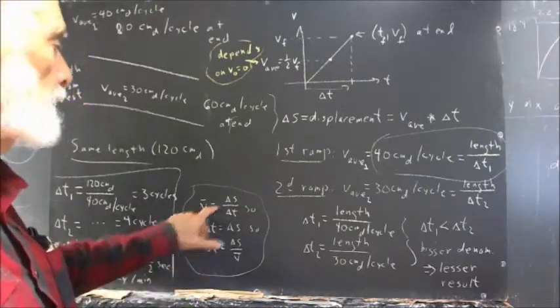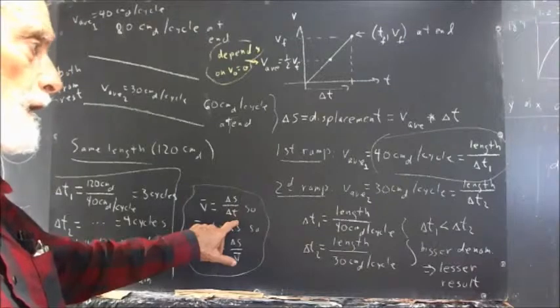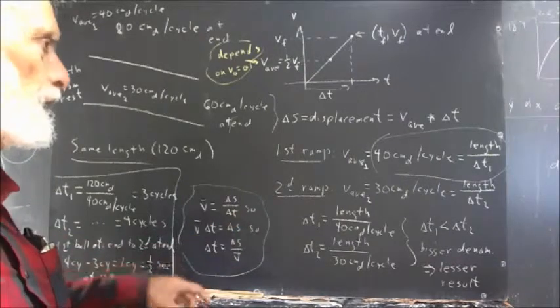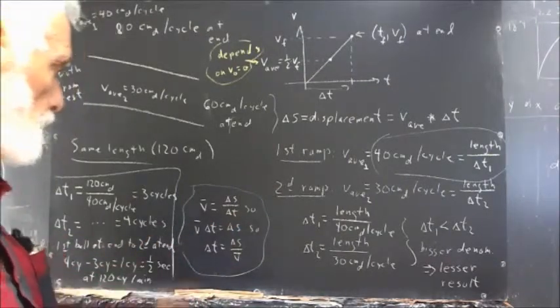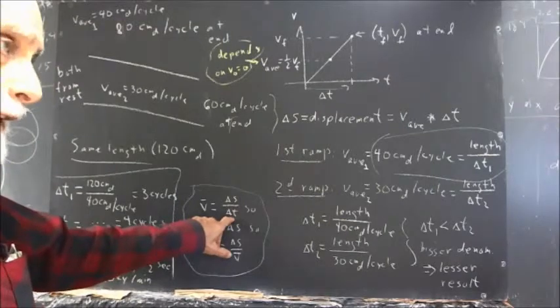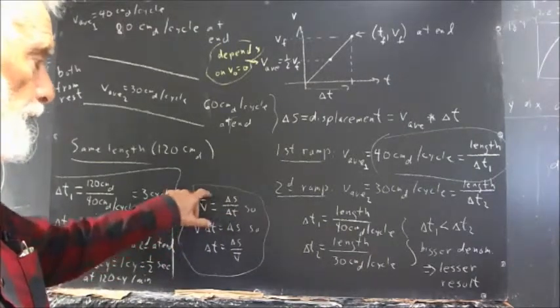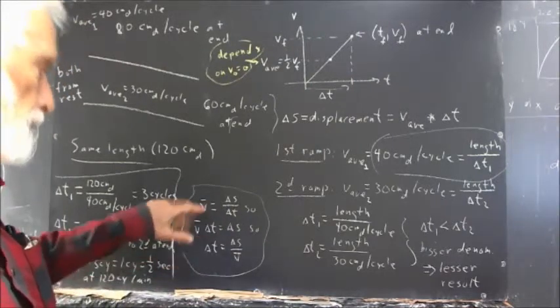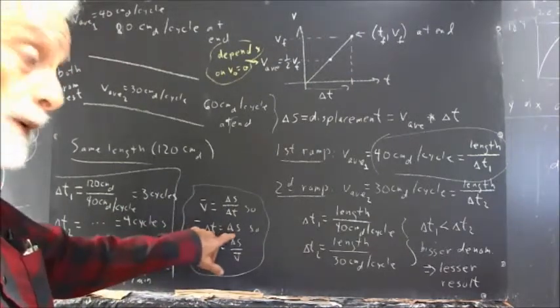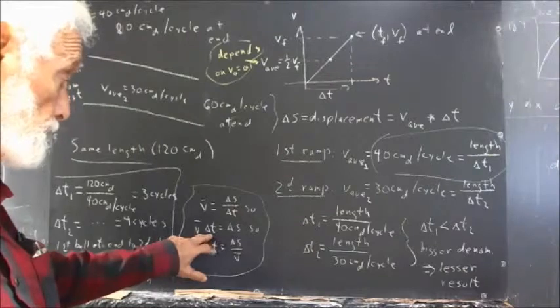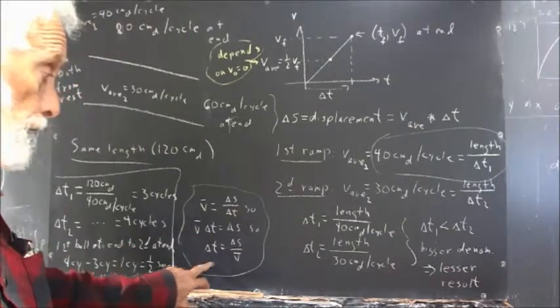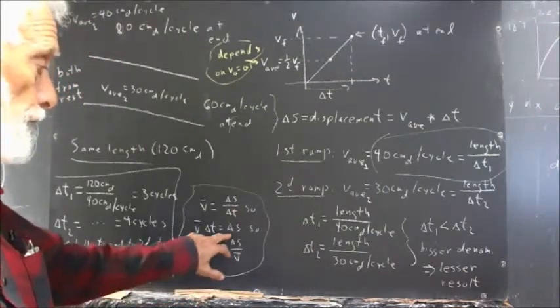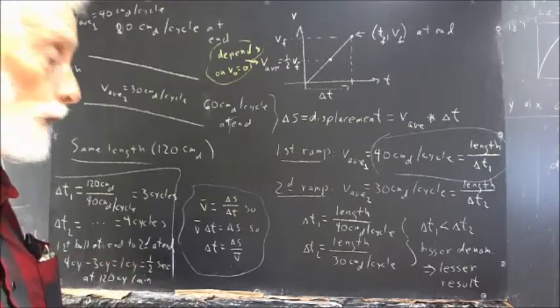If v bar is delta S over delta t, then the question is, what's delta t? We multiply both sides by delta t to get v bar times delta t equals delta S, and then we divide both sides by v bar in order to get delta t. We end up with delta t is delta S over v bar.